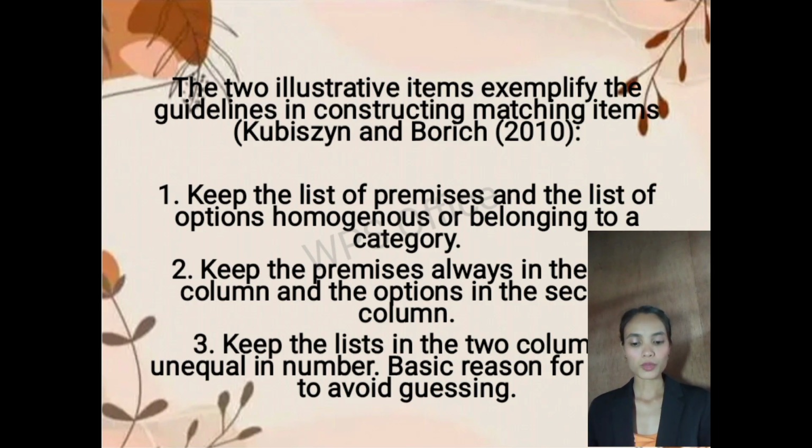Third one is keep the lists in the two columns unequal in number. The reason for this is to avoid guessing. The options in column B are usually more than the premises in column A.